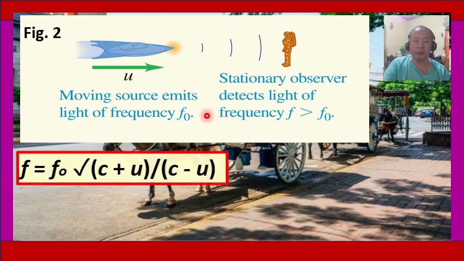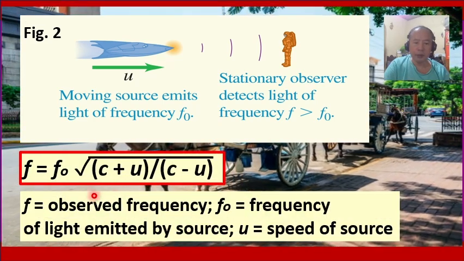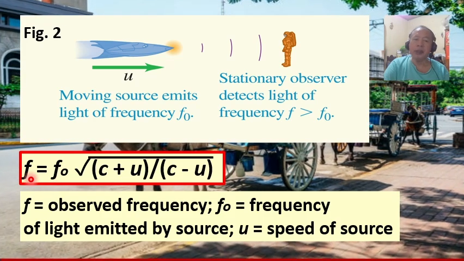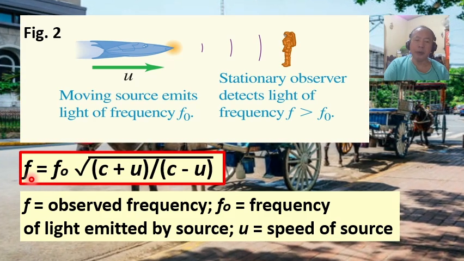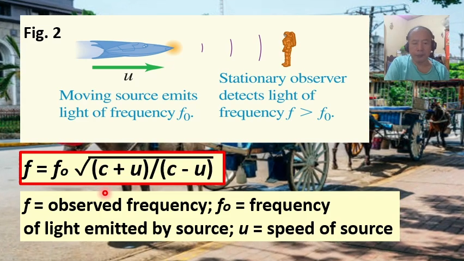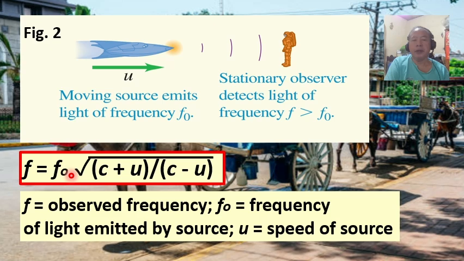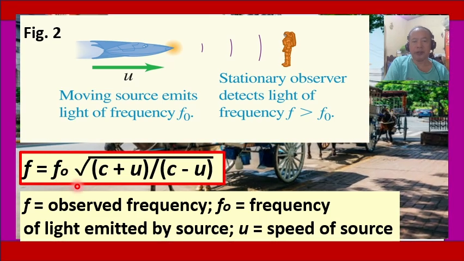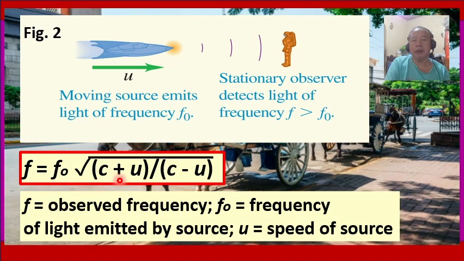So this equation relates the observed frequency f and the frequency of the light emitted by the source, f naught.